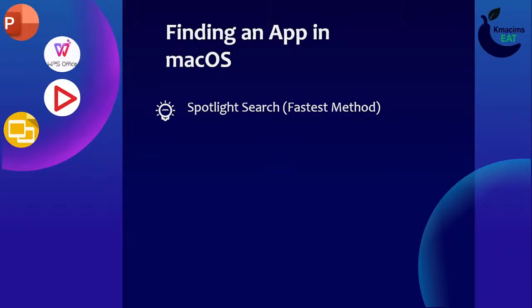Then a search bar will appear. If you click there or you press Command spacebar, a search bar will appear in the center of your screen. Then start typing the name of the app, e.g. Safari, or the name of the folder, or the file, e.g. photos that you want, and hit enter to launch it.